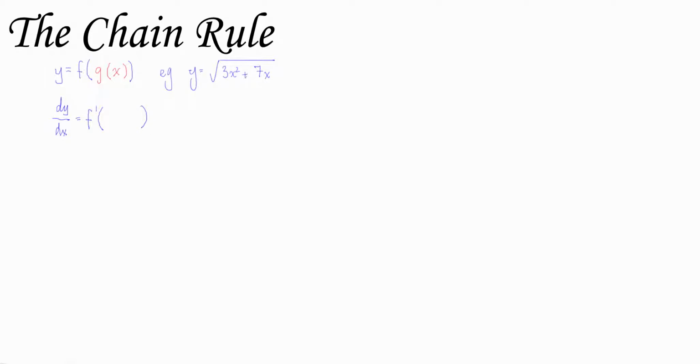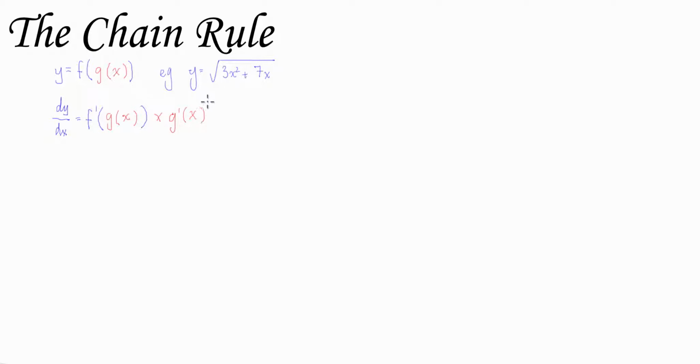Then we multiply that by the derivative of the inside function, which in this case is g prime. After we've calculated the derivative of the outside function, we keep the inside function constant. So we have the derivative of the outside function in terms of the inside function, and then we multiply that by the derivative of the inside function.